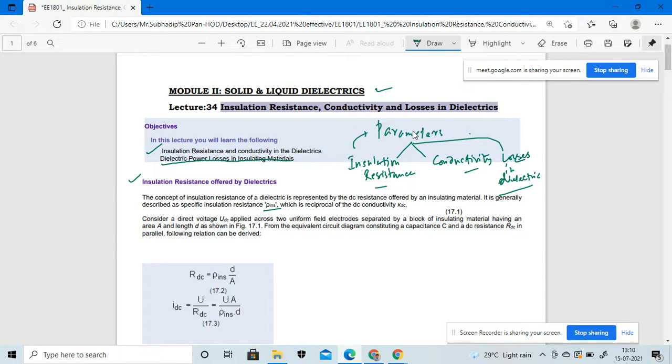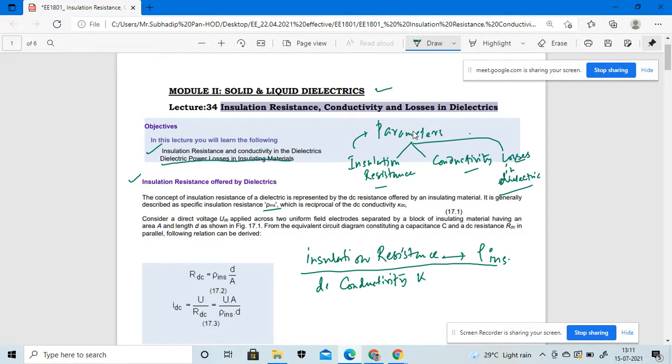The insulation resistance in the case of a dielectric medium should be described in terms of this, and it will be reciprocal to the DC conductivity, right?